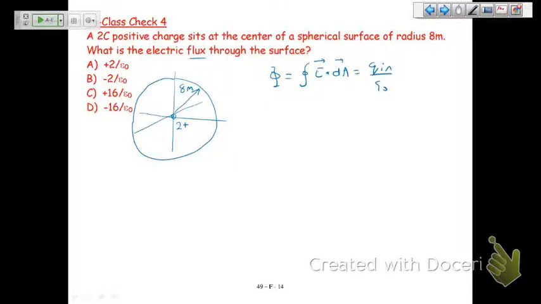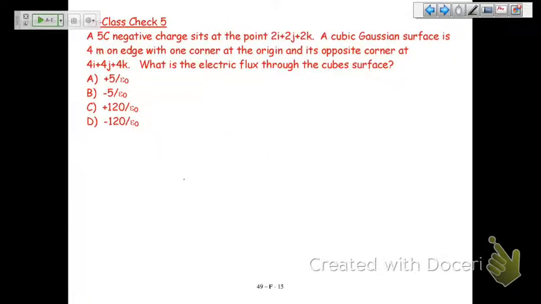And for this one, I'm not worried about the bit in the middle because I know Q inside. So flux is equal to Q inside, which is plus 2 over epsilon naught, and that's going to be newtons per coulomb meter squared. So there's my answer. So, okay, not so bad.